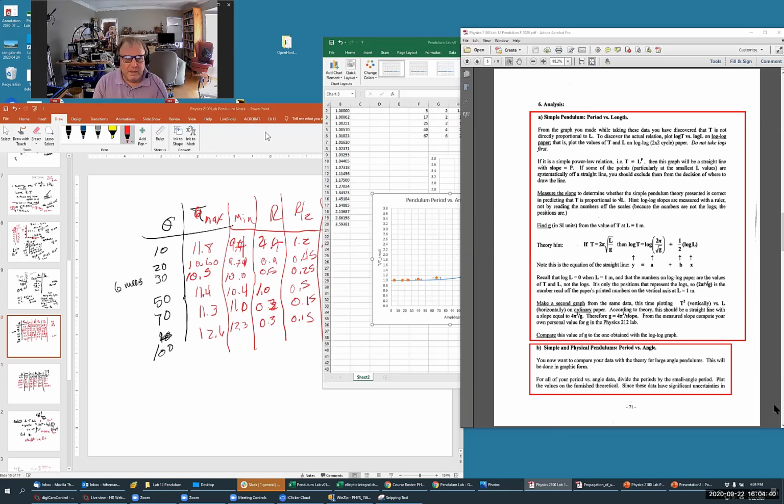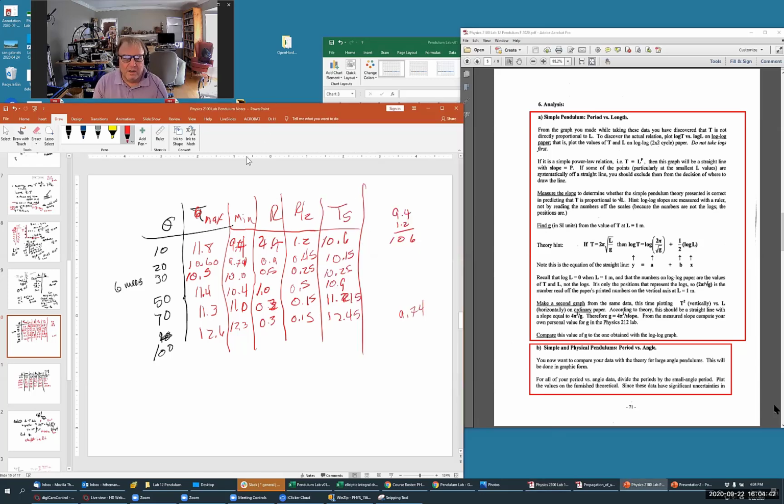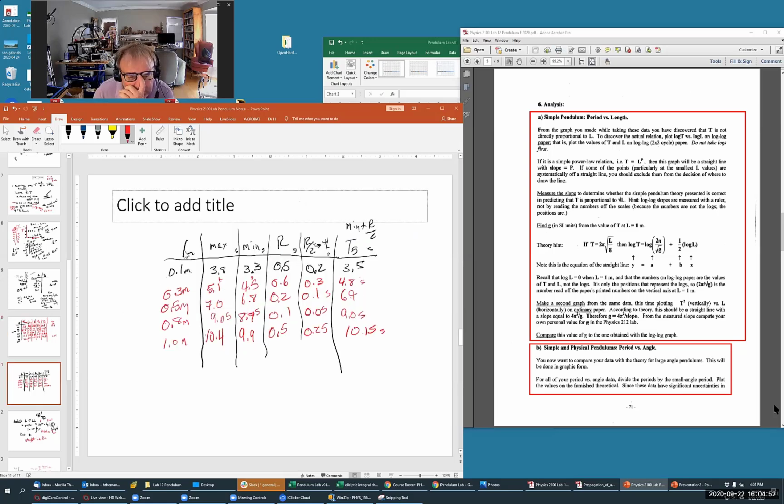Okay, so let's think about this. We want to do this quickly, but do we really need to put all this into our spreadsheet? I don't think so. I think we have these tables we made. They're in our logbooks. All right.